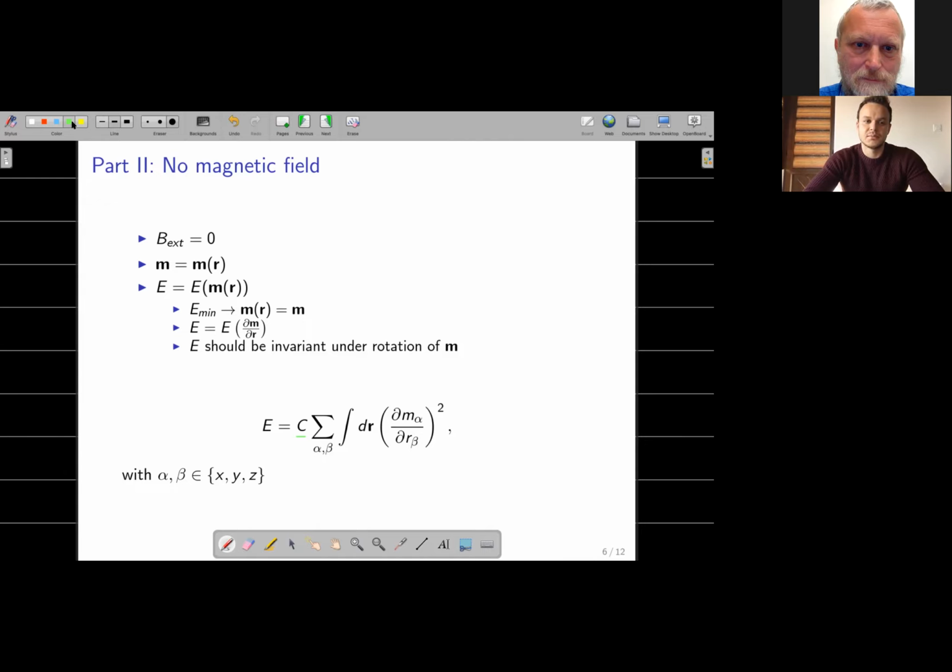Maybe the confusion is that I have written E as a function of the derivative, but one needs to expand it. So there will, of course, be not only a single derivative but higher order derivatives, but we look at the lowest order.